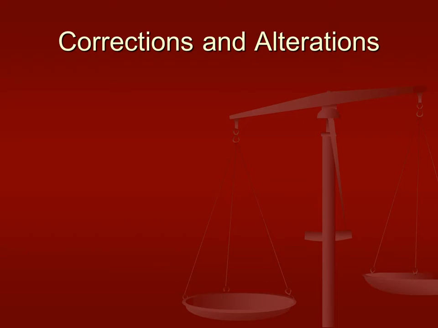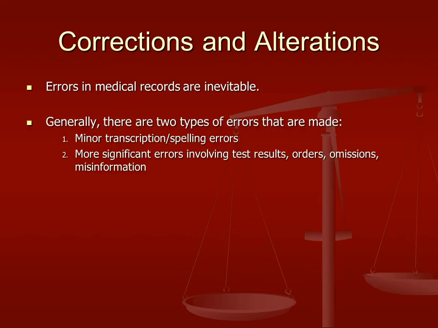Now, errors happen because the people creating these entries in health records are people, and people make mistakes. Sometimes those mistakes have to be corrected, and the record has to be altered, so there will be errors. Generally there are two types of errors. There can be minor transcription or spelling errors.